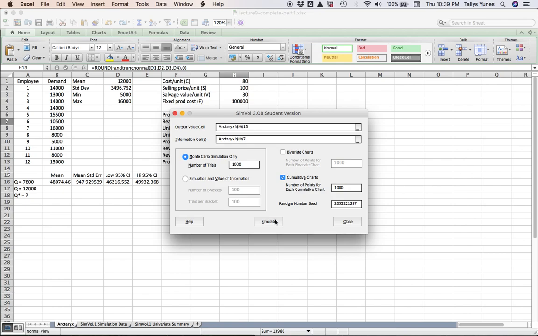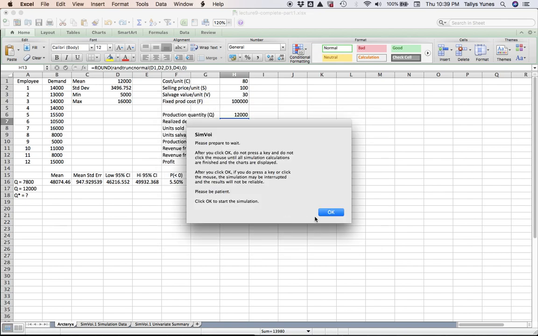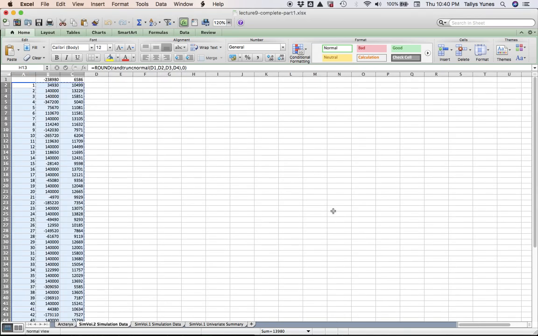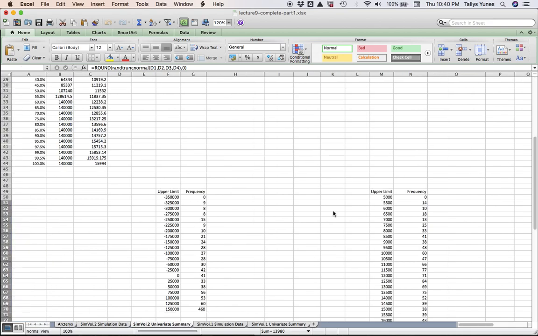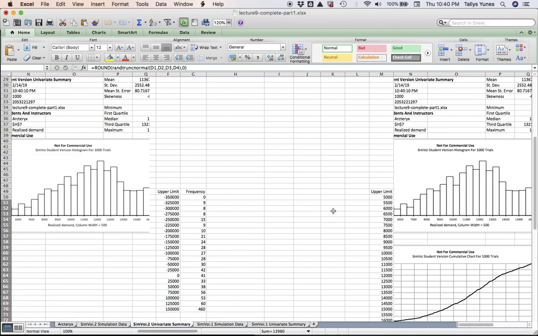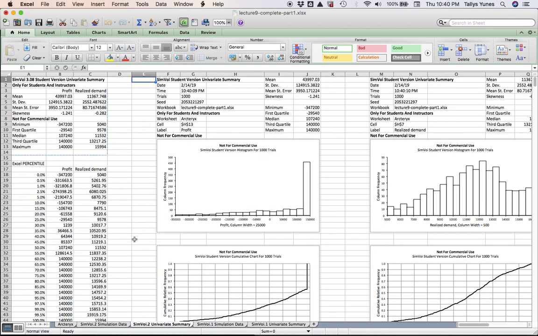So when I run the simulation again, remember that I also changed the 7,800 to 12,000 before I did all this. When I run that again, if everything goes well, we should see the following. I'm going to wait for it to finish.